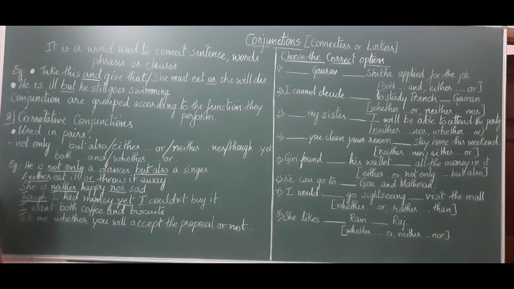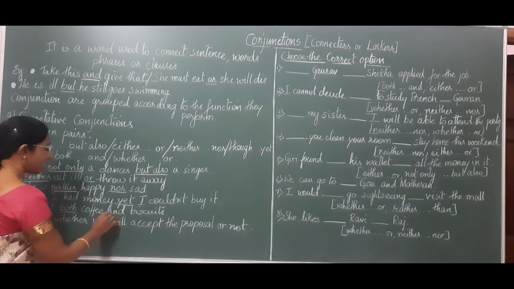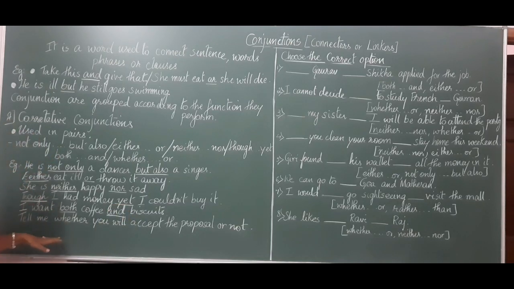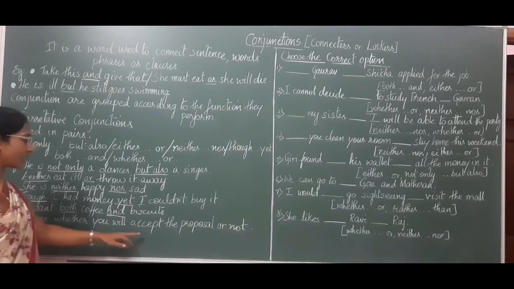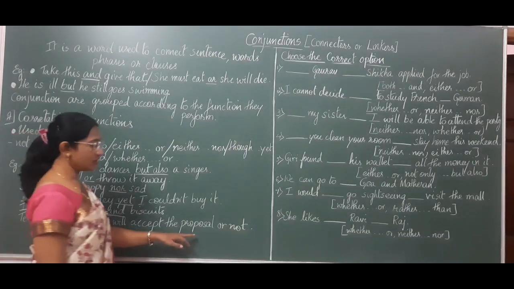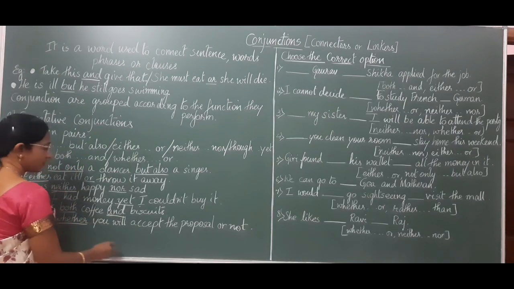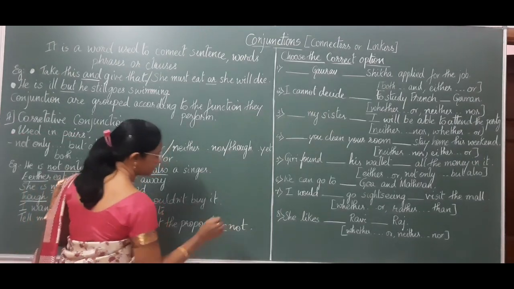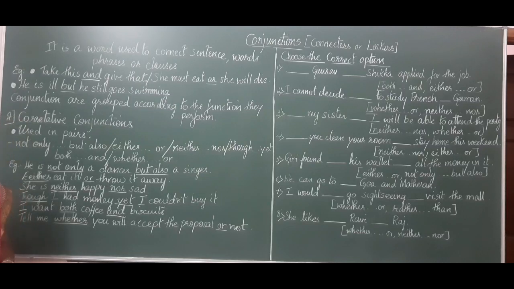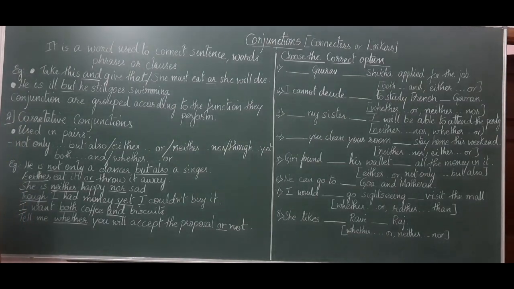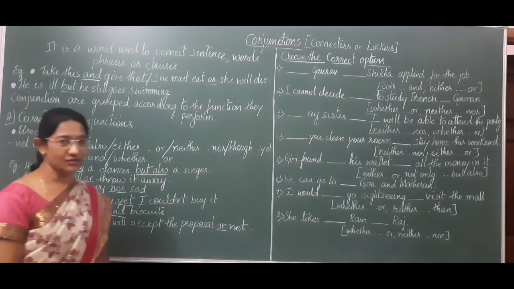Both and are correlative conjunctions. Tell me whether you will accept the proposal or not. Whether, or. So such words which go together in pairs or are used in a sentence in pairs are called correlative conjunctions.